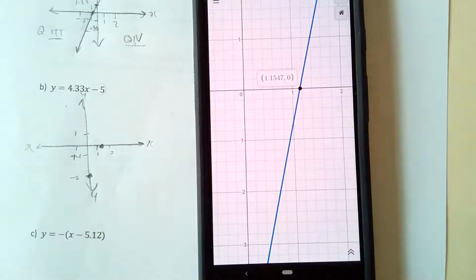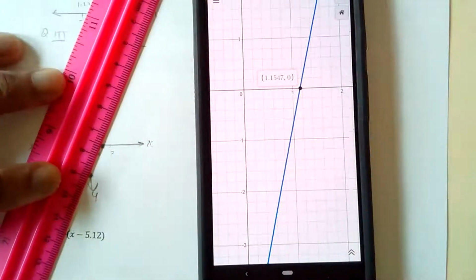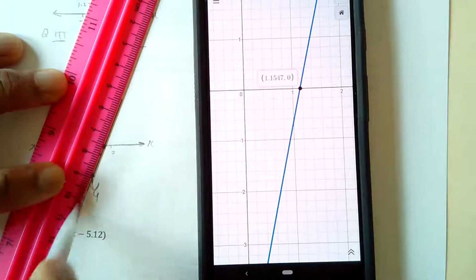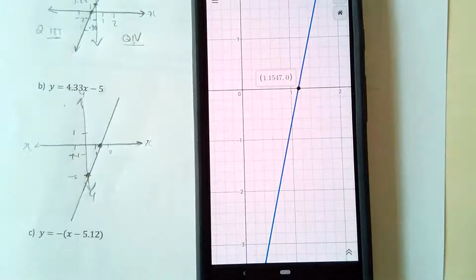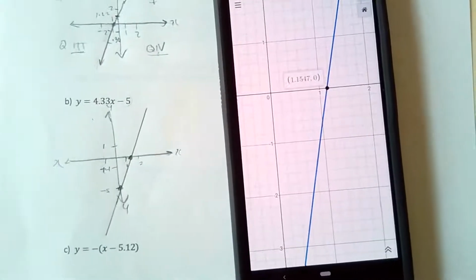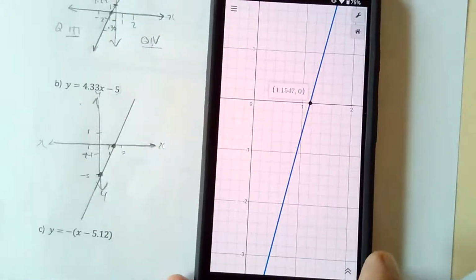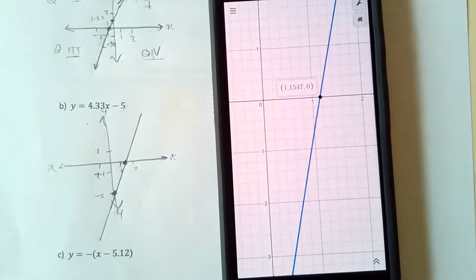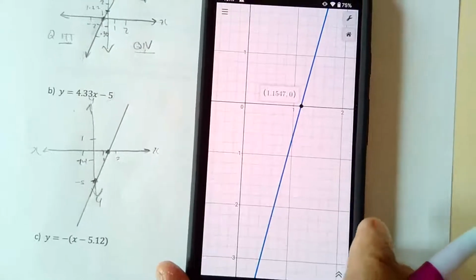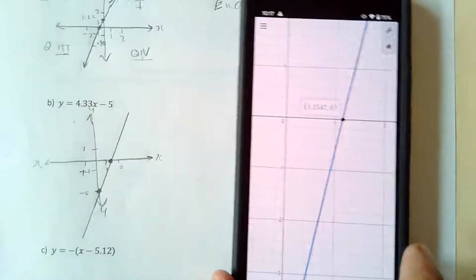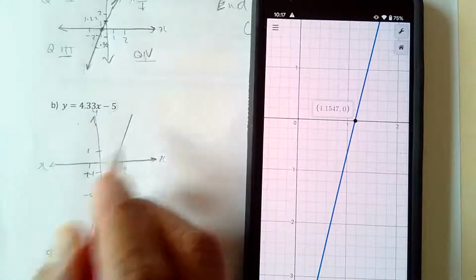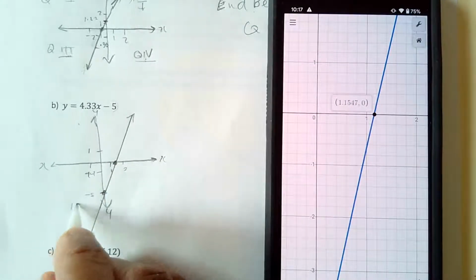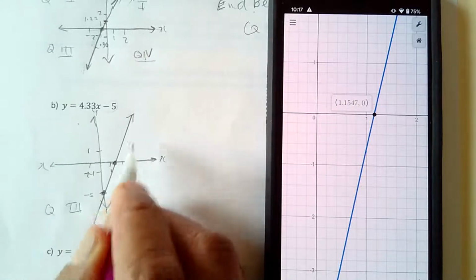Now I'll take my ruler and construct a straight line. So end behavior is from quadrant 3 to quadrant 1.